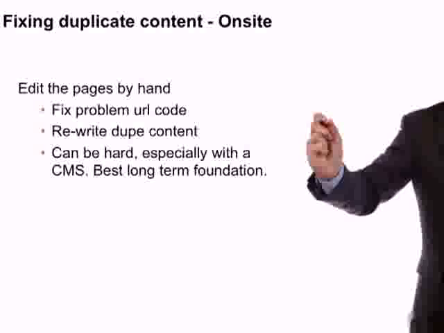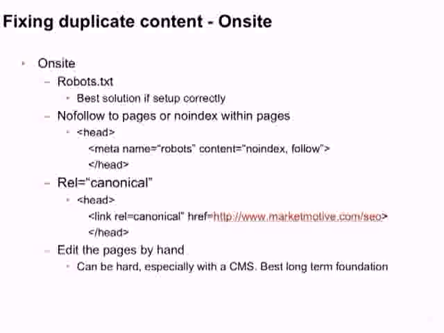You might not want to rewrite every duplicate content product description. You might not even want to block every product description, and that's why I say it's not always a penalty. It's just potential problems that this duplicate content can cause, and those are the solutions for on-site duplicate content.